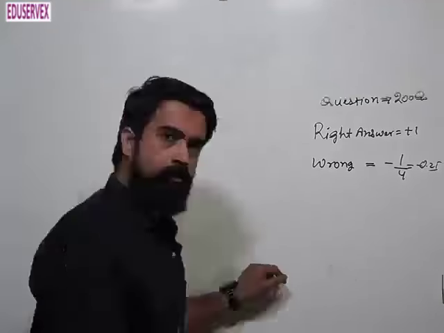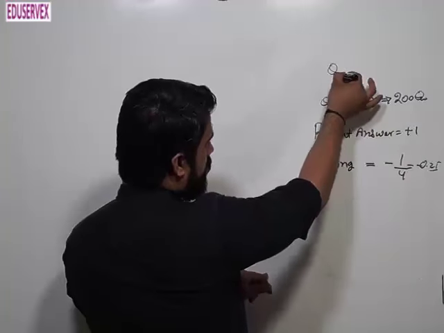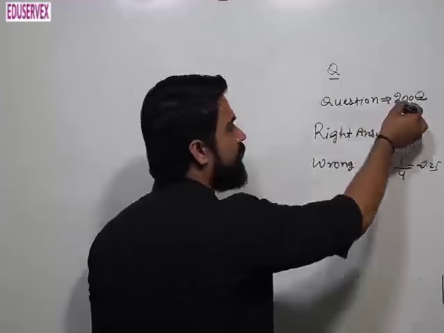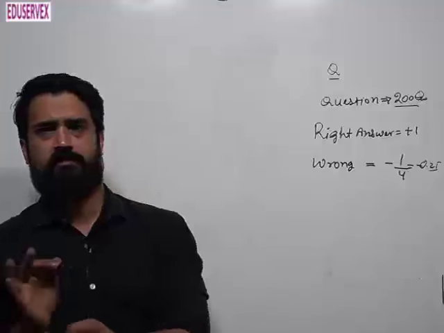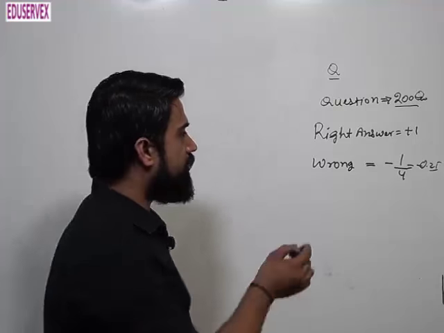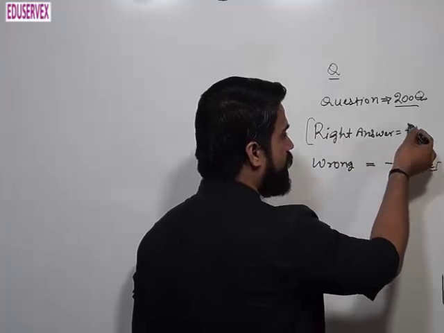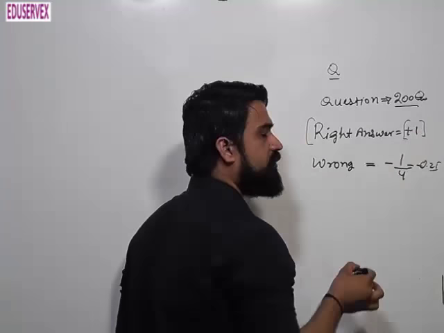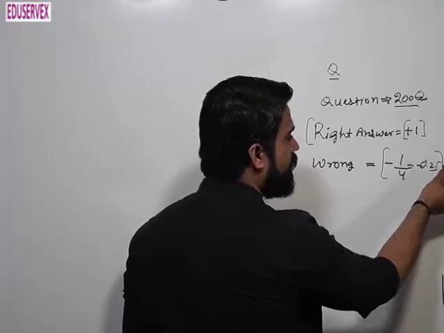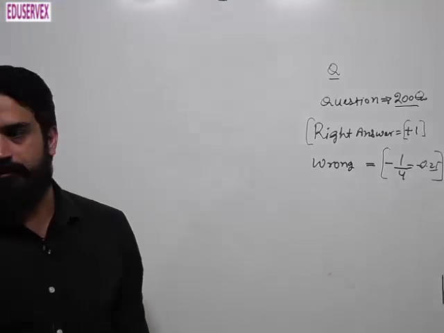Alright? My question says, we have 200 questions. A student attempted all the questions. This is from our competitive exams only, when it used to be offline. For every right answer, the student scores +1 mark. For every wrong answer, the student scores -1/4 or 0.25 minus. Right?